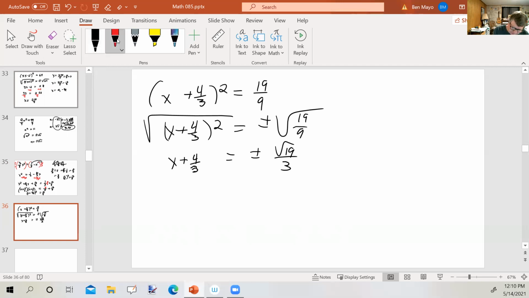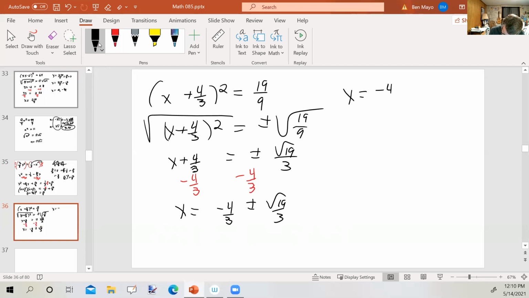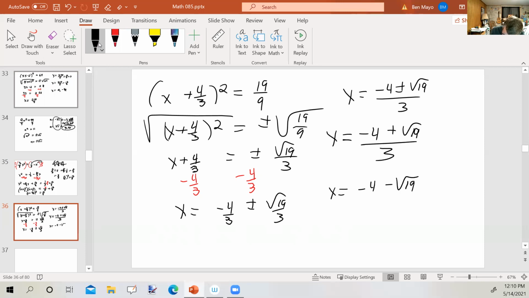I'm going to subtract 4/3 from both sides. So x equals negative 4/3 plus or minus the square root of 19 over 3. Or we could say x equals negative 4 plus or minus the square root of 19, all over 3. So writing them separately, you'd have x equals negative 4 plus the square root of 19 all over 3, and x equals negative 4 minus the square root of 19 all over 3.